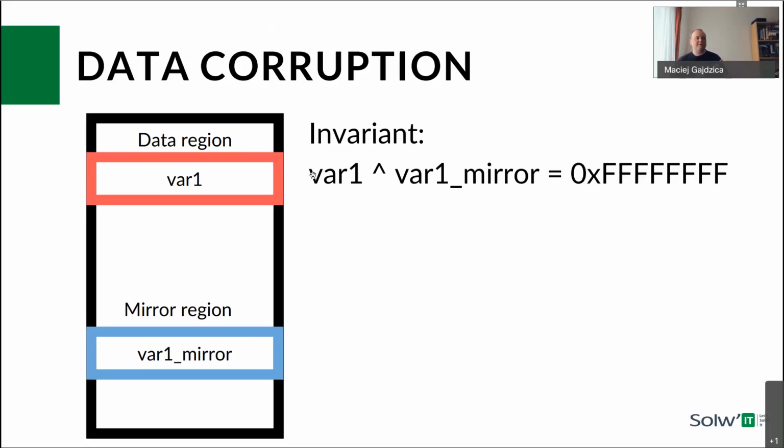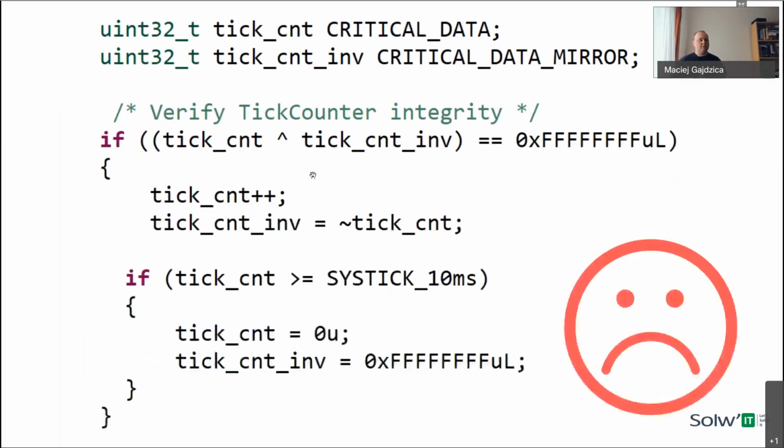But when I first heard about this, I wondered how it is done in practice. And this document had some example code which looked somewhat like this. And I was quite disappointed because we have two different variables.